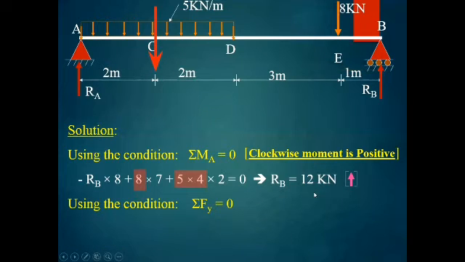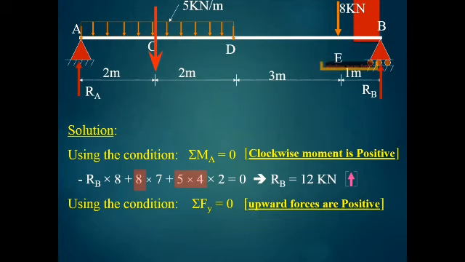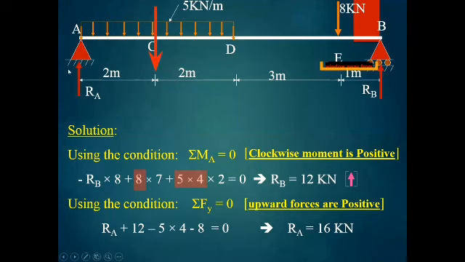Then we are using sigma Fy equal to 0, that is all vertical forces equal to 0. Upward, I am going to consider as positive. So what are the upward forces? RA, which is going up, then RB, which is going up.